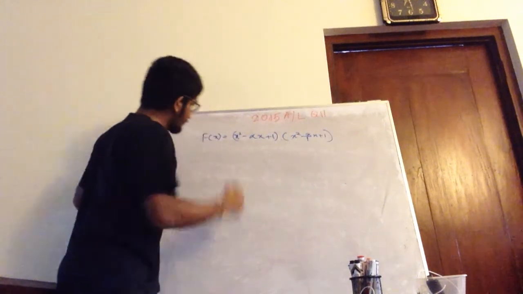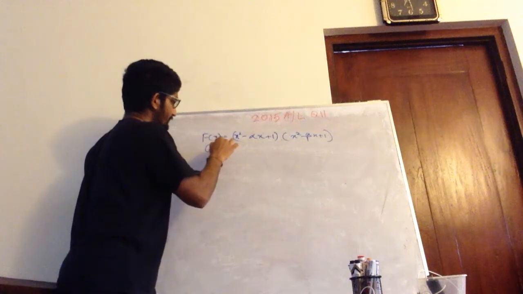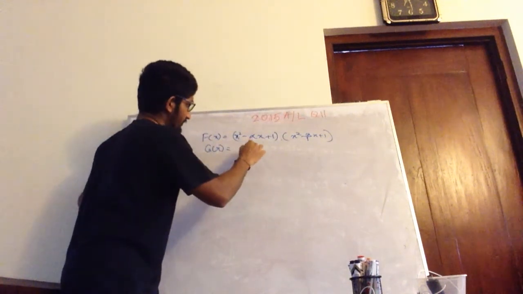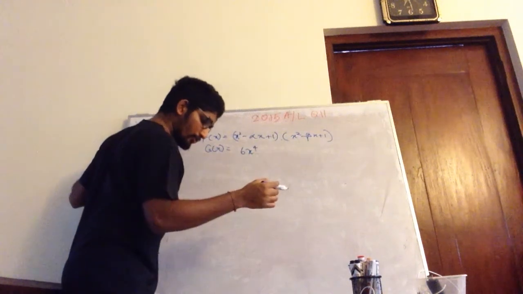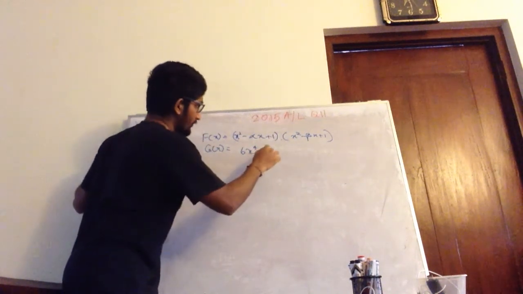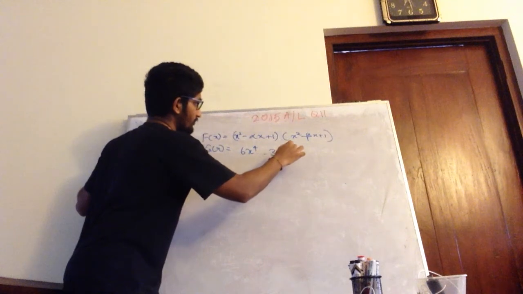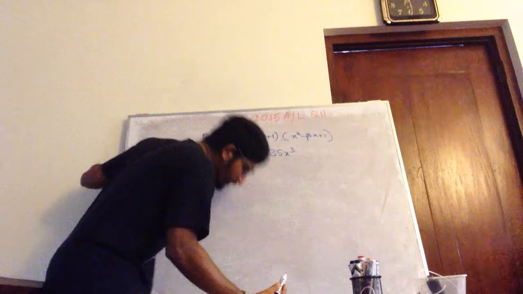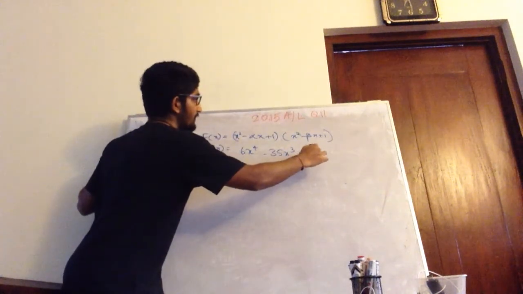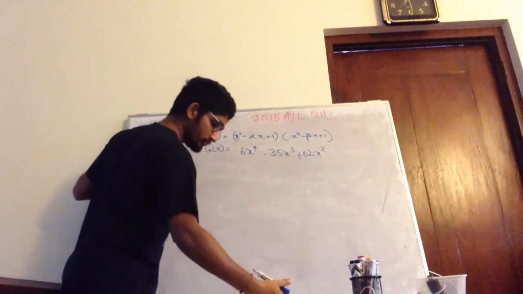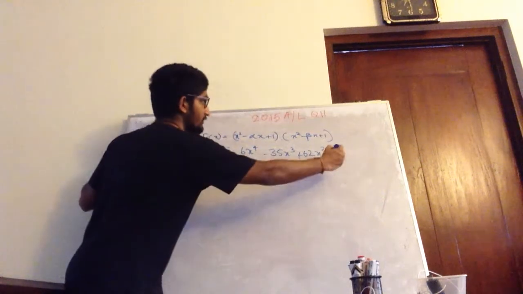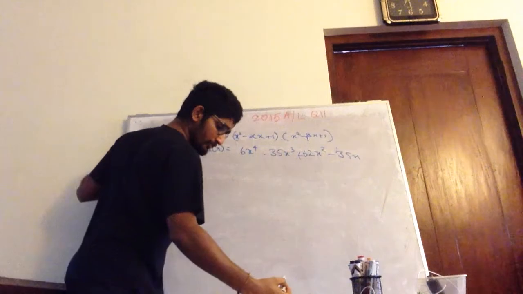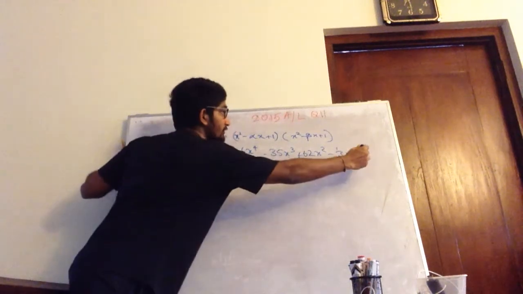That is f(x), then g(x) is given as 6x to the power 4 minus 35x to the power 3 plus 62x squared minus 35x plus 6.